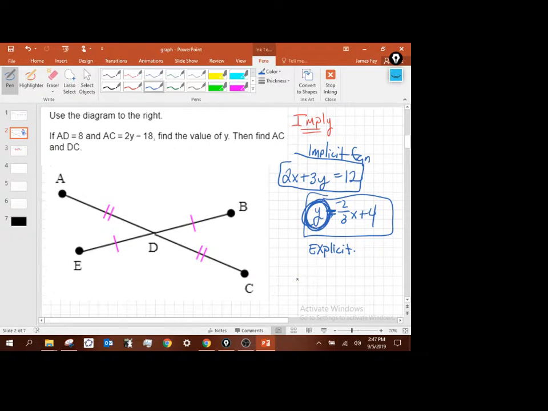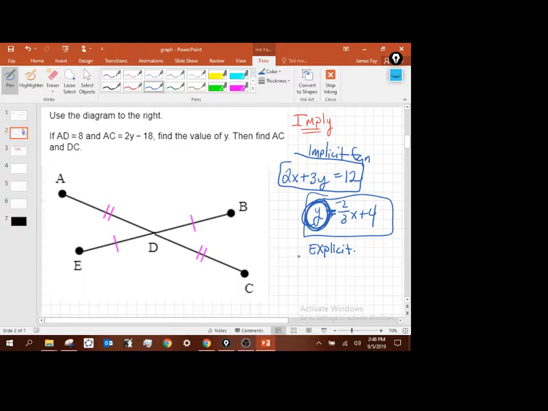That makes sense, everybody? So telling you exactly what something is, is explicit. Kind of hiding it, and look at the 2x plus 3y equals 12. We call that standard notation. When I look at that format, I got to do a little bit of work to find what y is, right? I got to do a little bit of work to find out what x is. Okay? So I'm implying what it is, but it's kind of hidden.